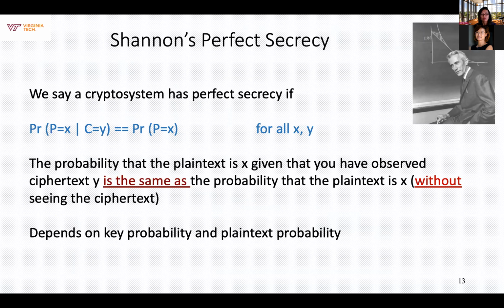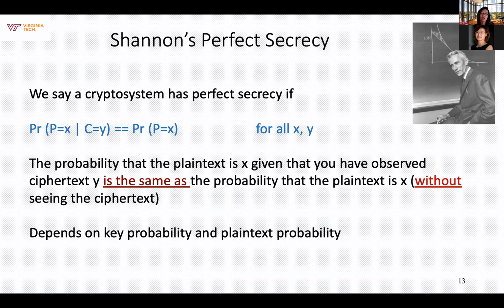You have a plaintext, and you have a guess about the value of the plaintext. You guess, okay, I think the plaintext is X, the message is X. And then your guess does not improve after you have seen the ciphertext of this encryption.